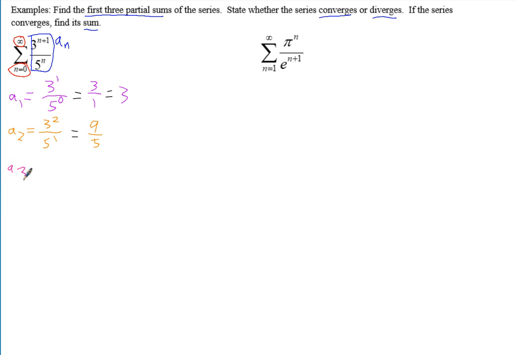Once you get the first three terms, you can find the first three partial sums, and you'll also be able to see what the pattern is to find the common ratio. Now we plug in the next integer, which is 2. So it'd be 2 plus 1 gives you 3 cubed over 5 squared. 3 cubed is 27 over 25.